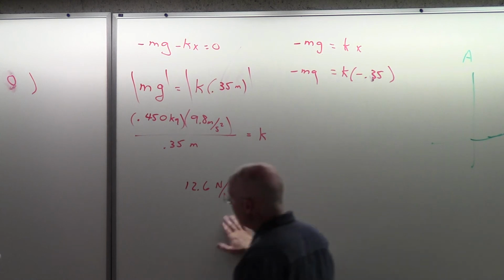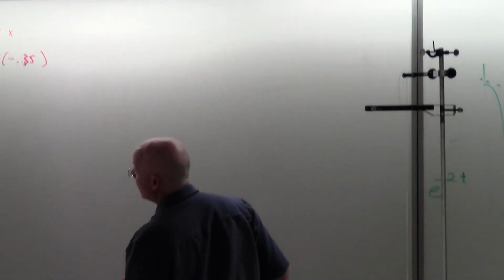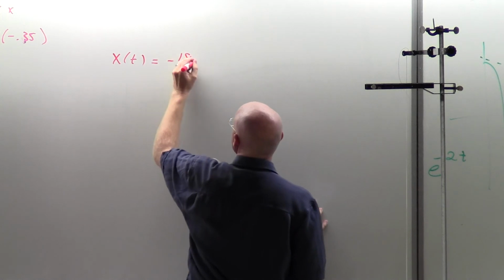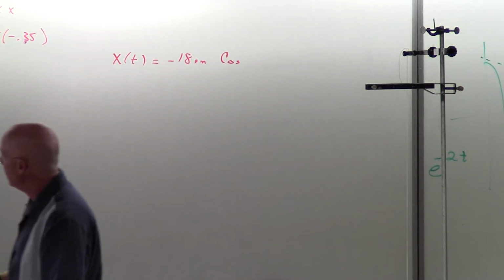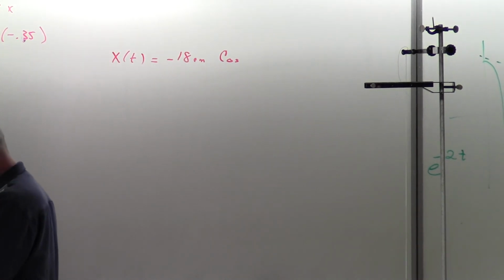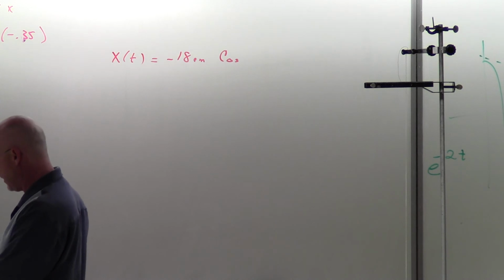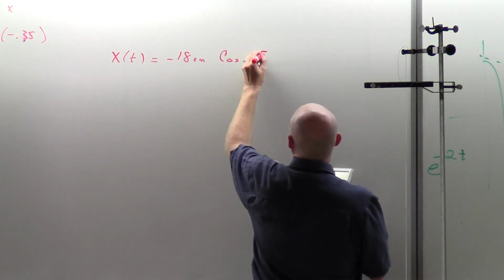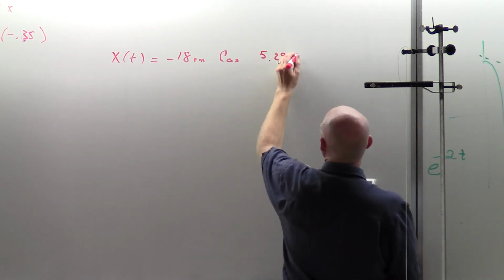Okay. So there's k, there's m, and from that I can now get the equation of motion. And that equation of motion then would be negative 18 centimeters times cosine of, and so there's my k, 12.6, divided by my m, 0.45. Take the square root of all of that, and 5.29 t.